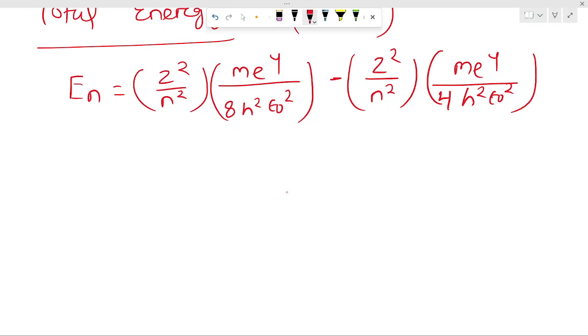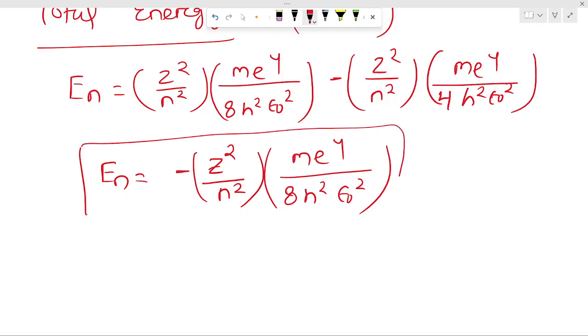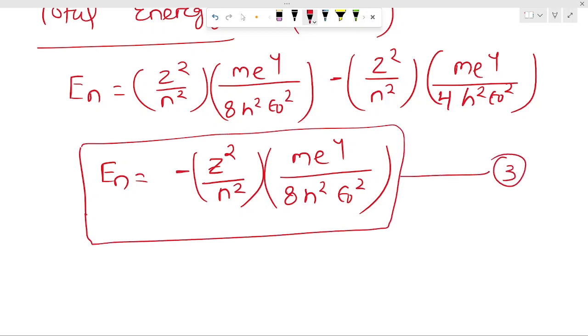So what we get from here is minus Z square by n square me4 upon 8 h square epsilon naught square. This one is the final expression for total energy in nth orbit. Give it equation number 3.